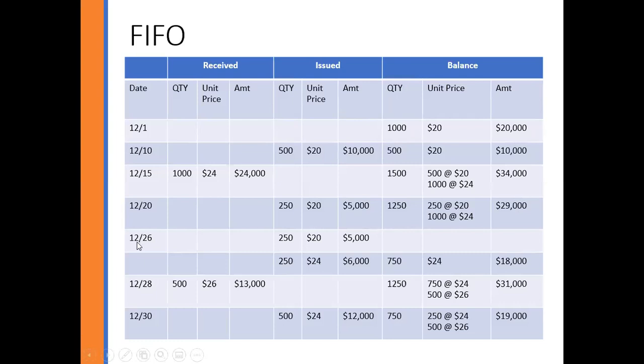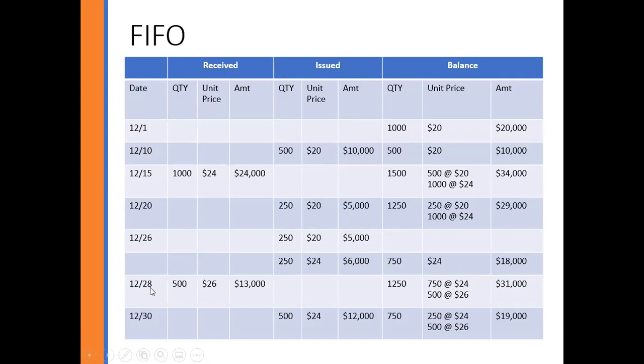Now, December 26th, it looks like we use a total of 500 units. Of those 500 units, we're going to use 250 that cost us $20 each and 250 that cost $24 each. We had 1,250 and we used 500 of them. So now we're down to 750 that cost $24 each, which leaves us a balance of 18,000 in cost.